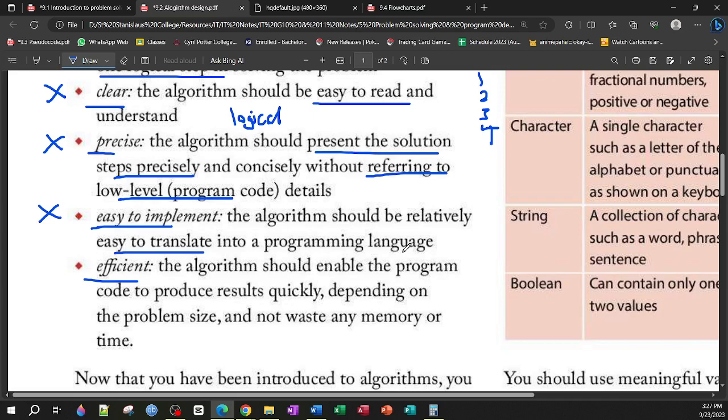But at the same time, when you think about it, if you don't have a plan as to what you're going to write in that foreign language, it's going to make it a bit more difficult.